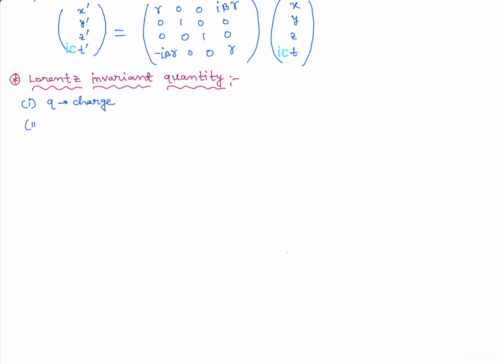Number 2 will be E dot B. Number 3, E square minus c square B square.